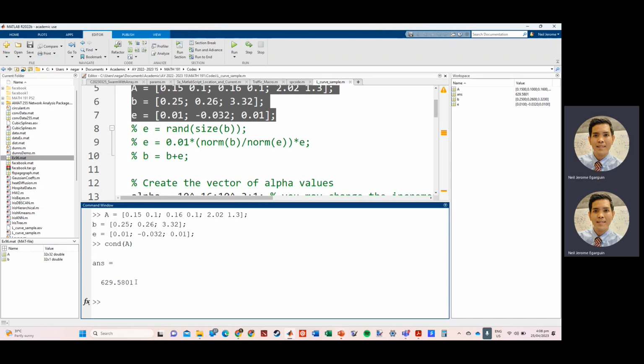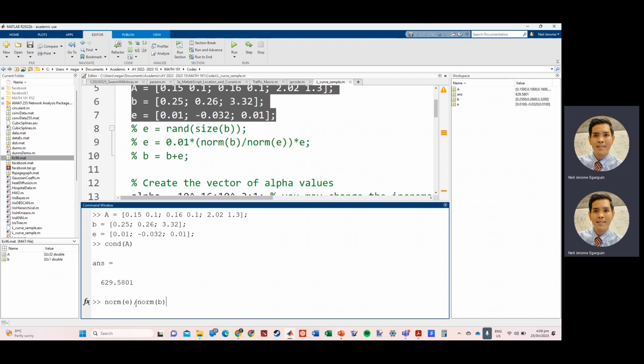And here, this is the number that we got from the module: 629.5801. So that's the condition number. So we're expecting 630 times amplification of the error. If you want to know the size of the noise that you have, we compute the norm of E divided by the norm of B, right?